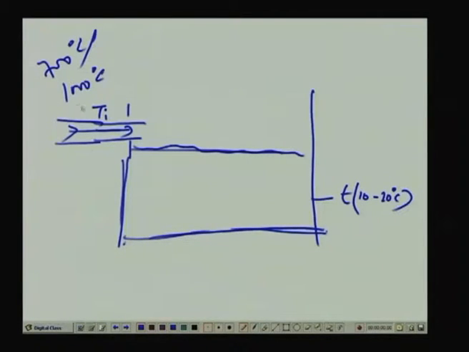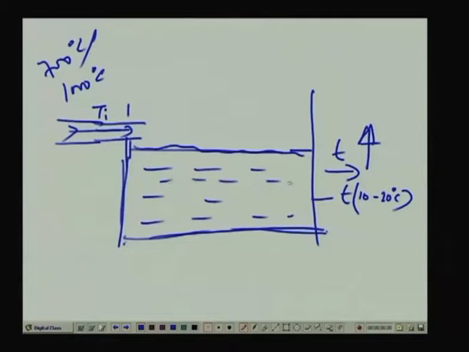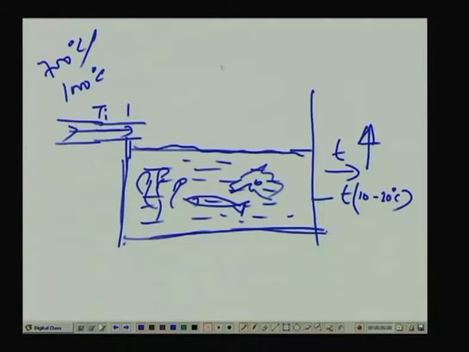In such cases, two things take place as the temperature begins to go up. Higher temperature leads to higher metabolism of the species available in water, including plant species, small plants.